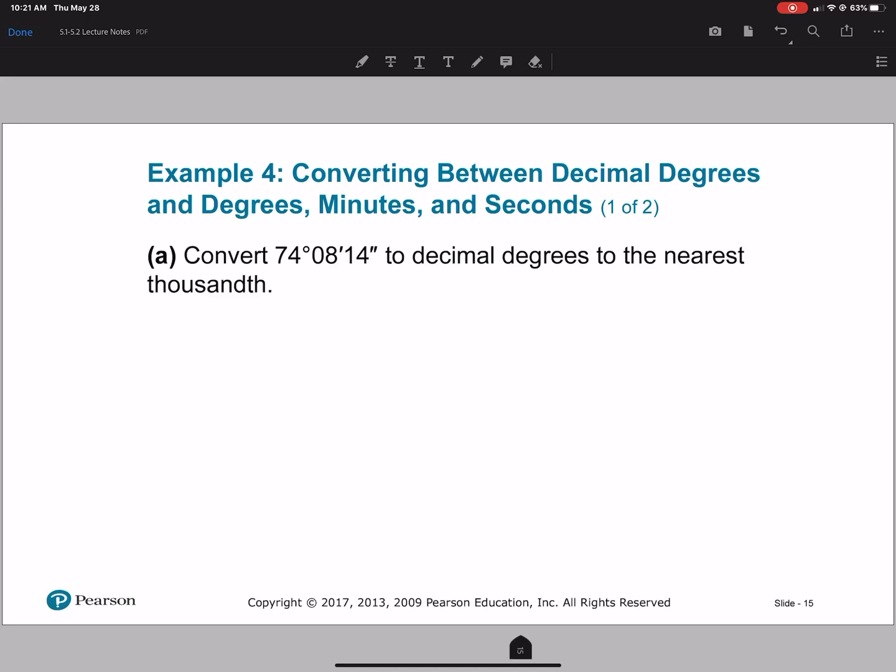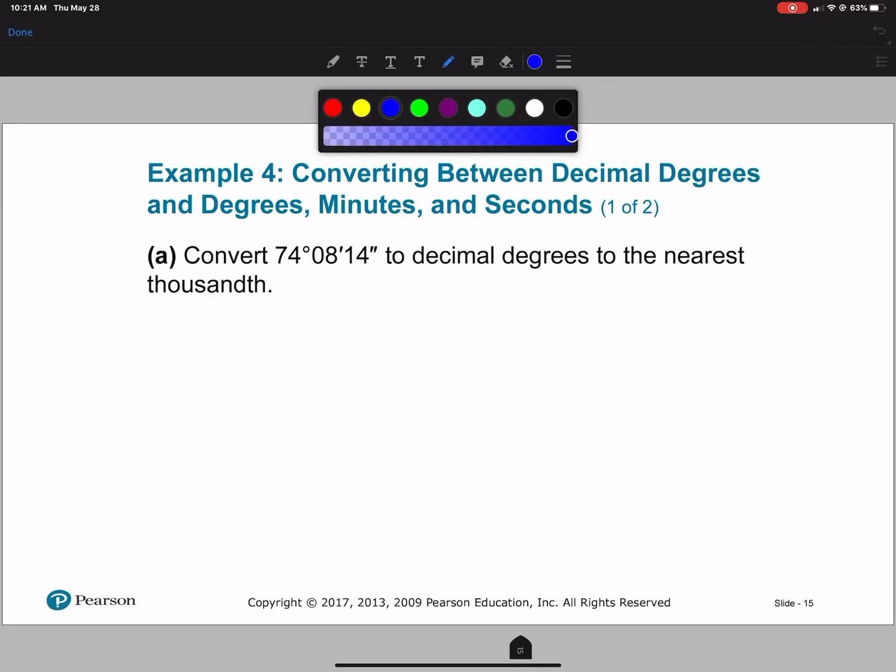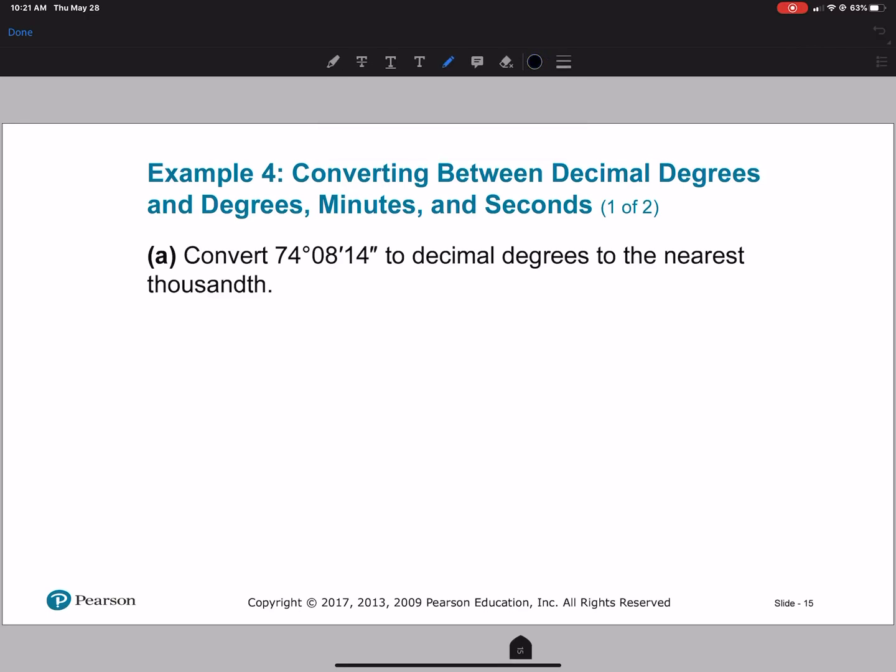Now, to do a problem like this, your degrees always stay the same. So you'll have your degrees stay the same. Now is plus. Now we have 0.8, which is just 8. All right, keep that in mind. It ain't 0.08, it's 8.